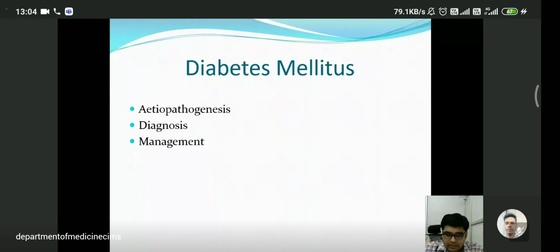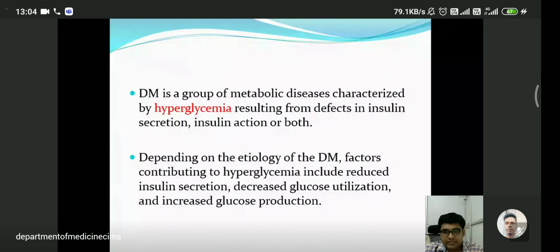Diabetes mellitus is a group of metabolic diseases characterized by hyperglycemia. The key word is hyperglycemia here, which results from a defect in insulin secretion or insulin action, either of these or both. This insulin is secreted from the beta cells of the pancreas.